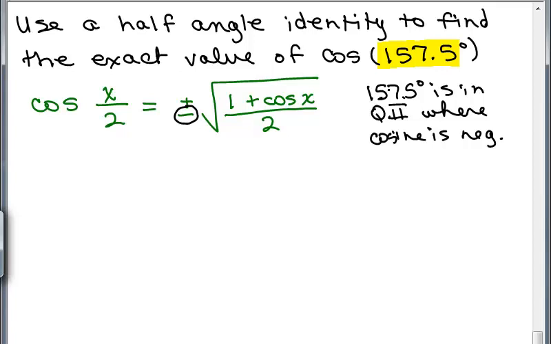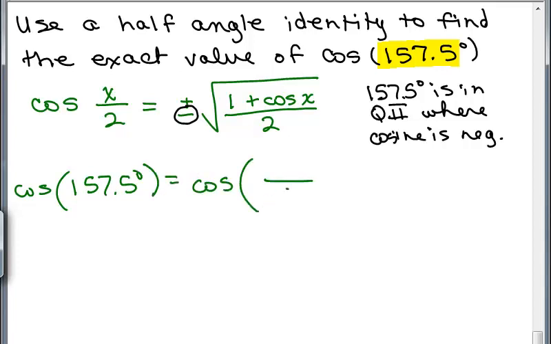All right, so now this says the cosine of x over 2, but I don't have 157.5 degrees written as x over 2. I have it just written as an angle. So I want to write 157.5 degrees as half of an angle, or an angle divided by 2. So I've got the cosine of 157.5 degrees. That can be written as the cosine of what divided by 2?